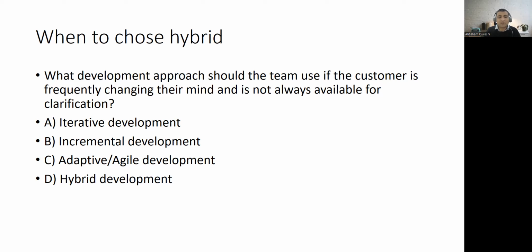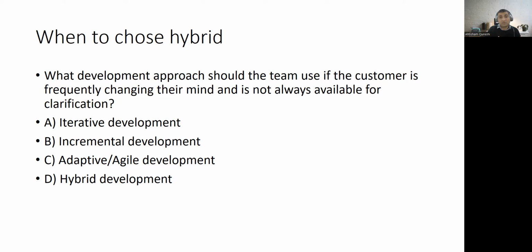But again, I want you to be available, right? If he is not available also, I cannot go ahead with him in a predictive manner. Because he is changing his mind so often, I cannot lock the requirements. So I have to keep the requirements open. I cannot lock him in a predictive approach.